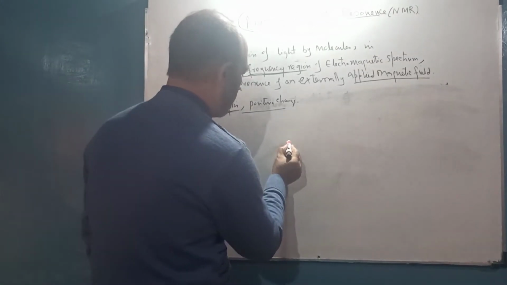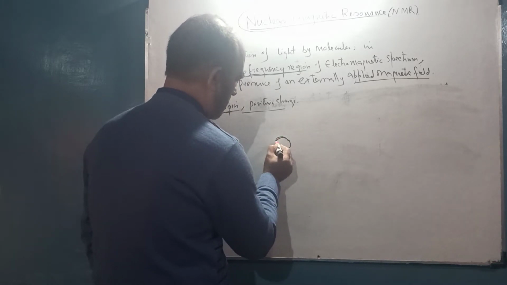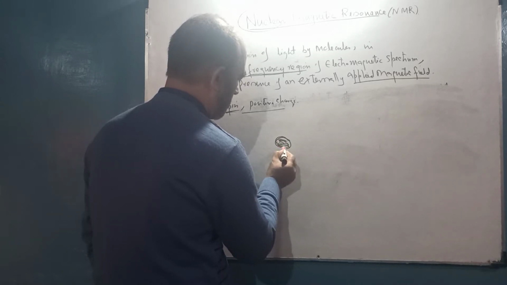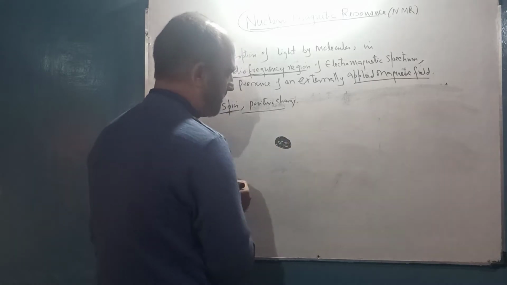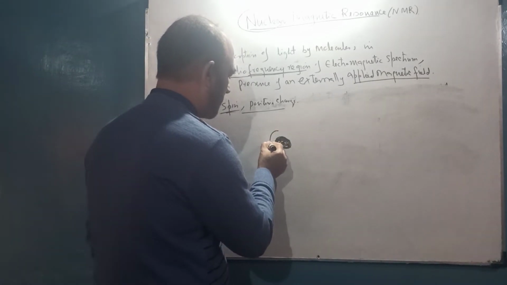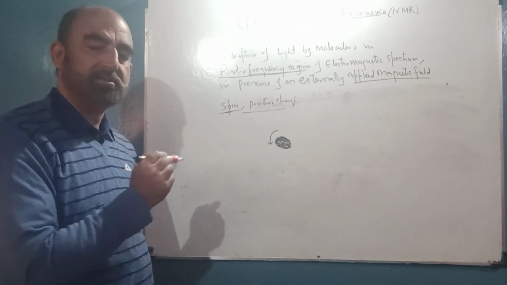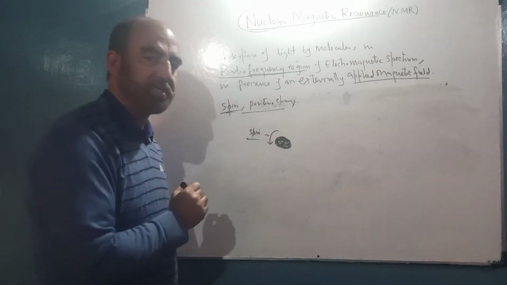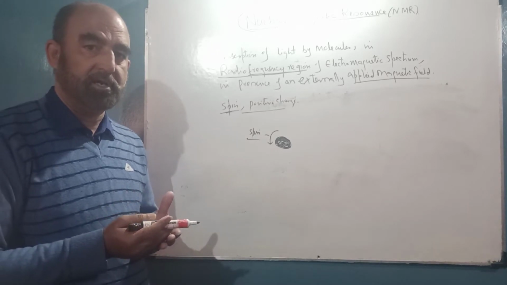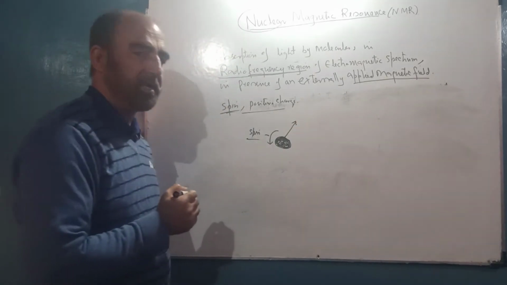So for example, if we have a proton, a nucleus like this, say this is a hydrogen nucleus, and it's a charged particle, and this charged particle is having a spin. Classically we can show spin like this, like a three-dimensional rotation, and this spin motion of this positive charge gives rise to a magnetic field, and that magnetic field we can designate by what we call a magnetic moment.